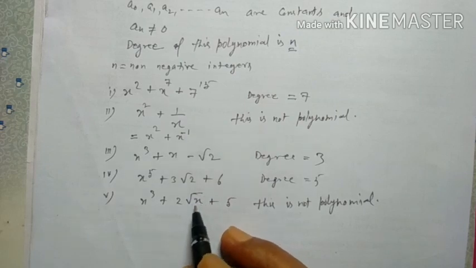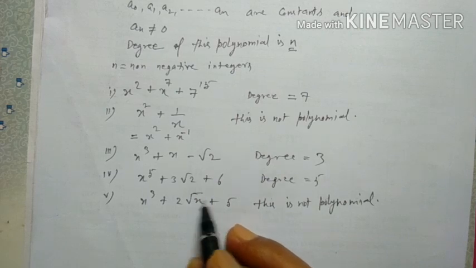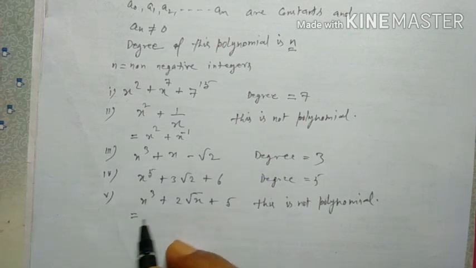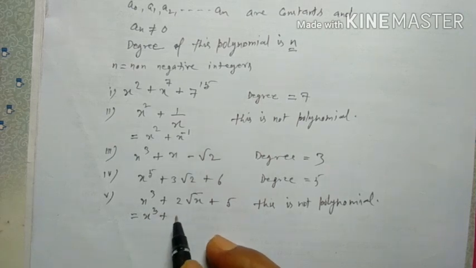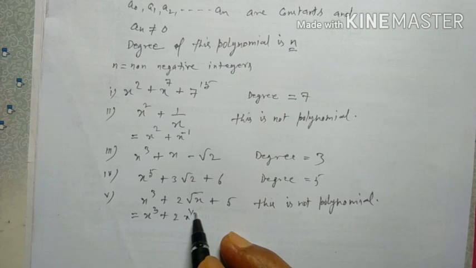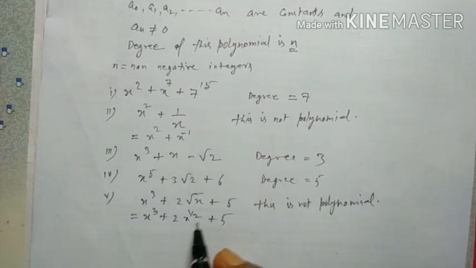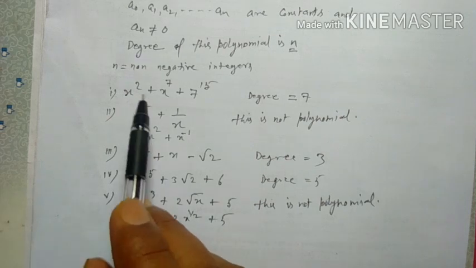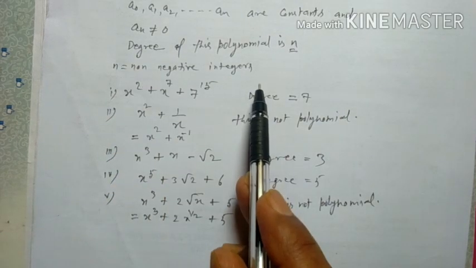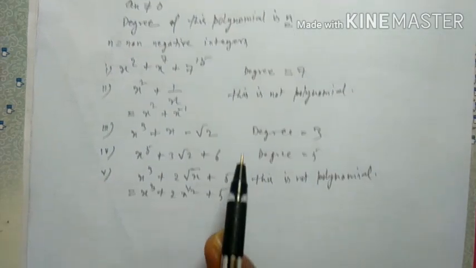Root x means x to the power 1 by 2. So it is equal to x cube plus 2x to the power 1 by 2 plus 5. Here the power of x is in the form of a fraction, but our condition is that n is a non-negative integer.